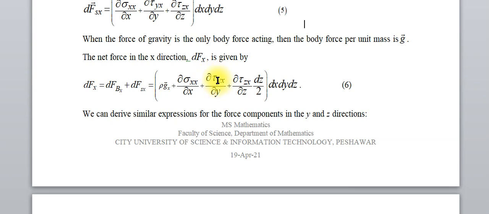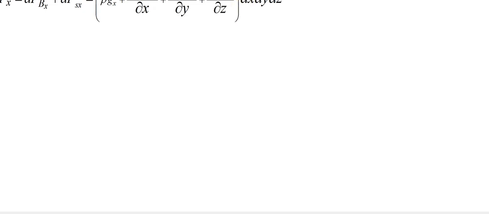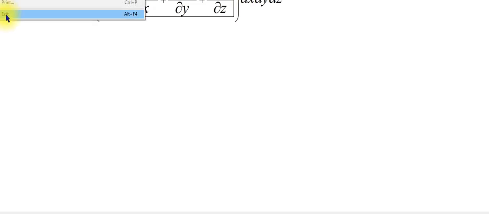Those are the forces on the x plane in the y direction, and the next force is partial by partial z, on the z plane in the y direction. This will become y. This is again a mistake, a typo, so let me delete this.